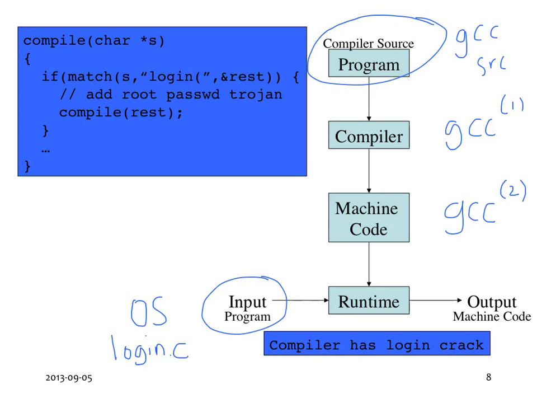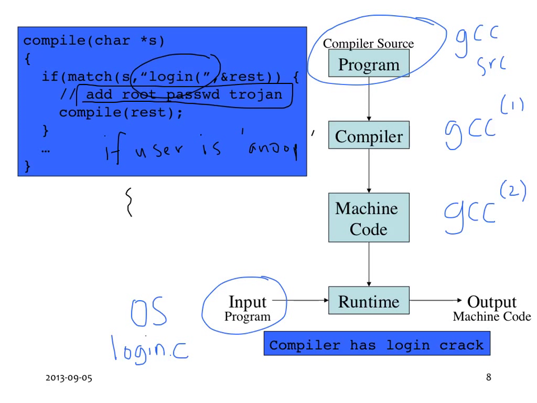So if you have access to the compiler source, you can actually do something a bit underhanded. You can check if you're compiling the login.c file, and when you do, you can insert your own piece of code here. And that piece of code would be very simple, like if the user is a noob, then let him log in.